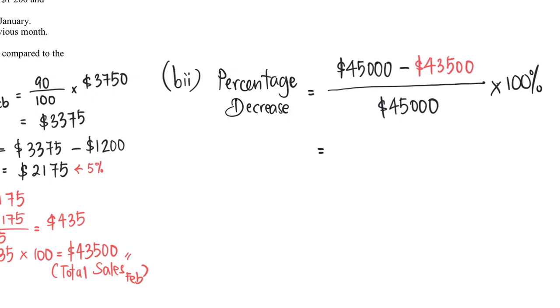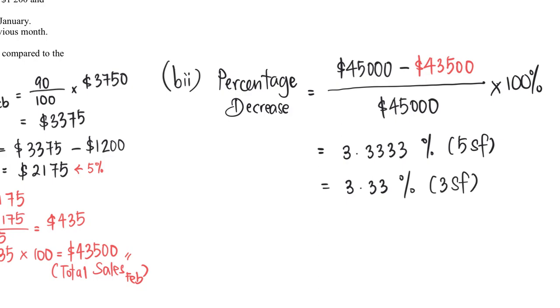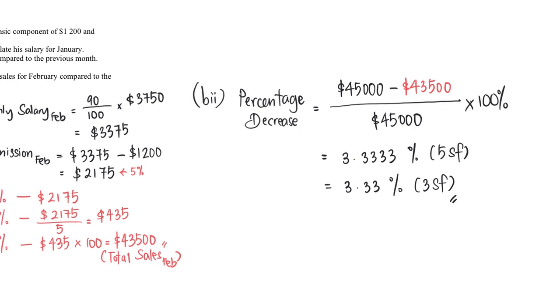And this will give me a value of 3.3333, 5 significant figures, followed by 3 sig fig answer. And that will be the percentage decrease for this question.